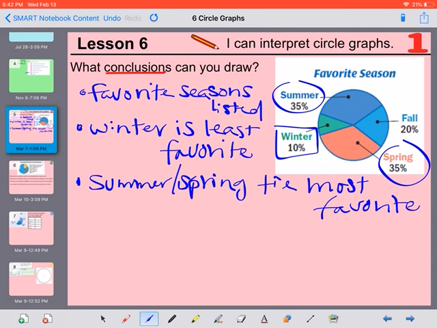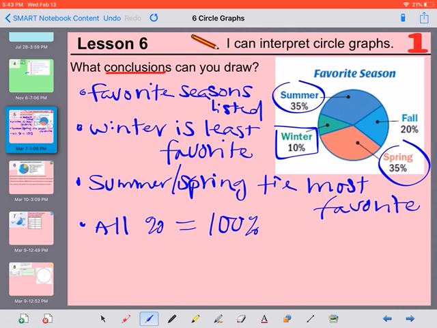We could also say that all of the percents add up to 100%. All the percents equal 100%. There's lots of other things you could say about this circle graph as well. You could say that fall is the second least favorite or the third favorite.